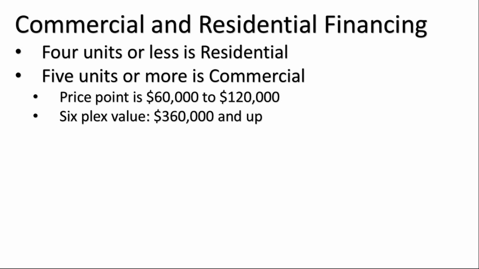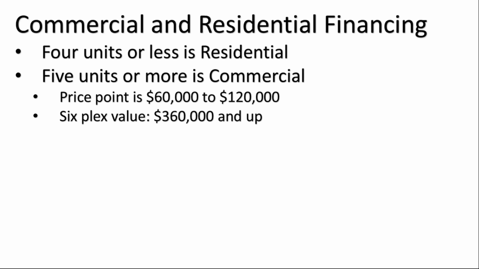So this is a big one. When you've got 5 units or more, it's deemed to be commercial. Now the price point for buying properties is anywhere between 60 and 120,000, depending on where you're buying them, the location, the condition, etc. So at $60,000 per door, a sixplex, you're looking at a $360,000 price point and up. Now the challenge here is that you're too big for the residential mortgages.